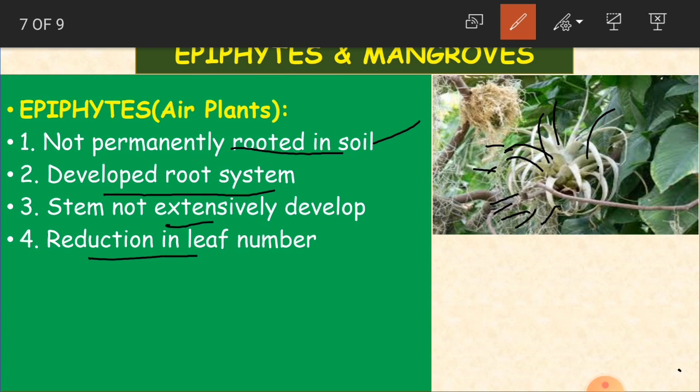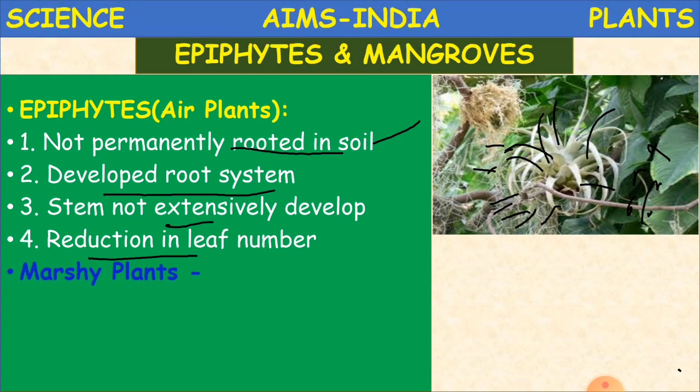Whatever water is needed, it takes that much, and the remaining water it sends out through water vapors. That is called water loss. Reduction in leaf number means that through the leaves the water loss takes place. Clear children? So this is about the air plants.